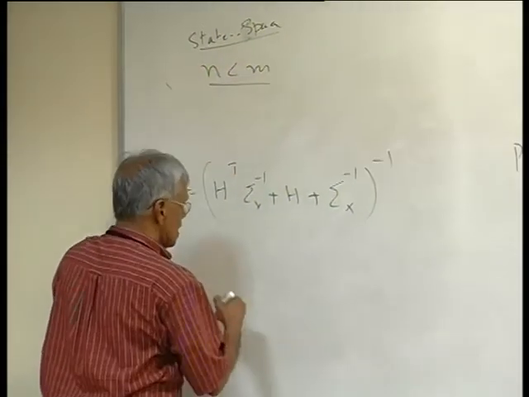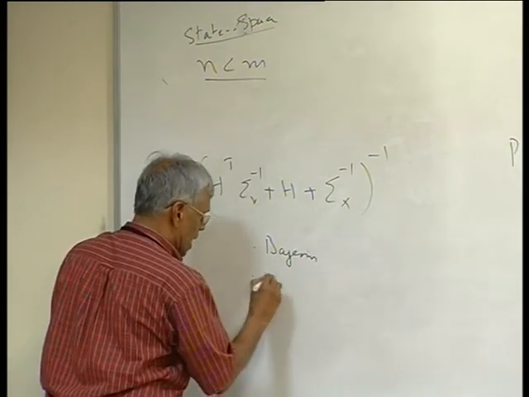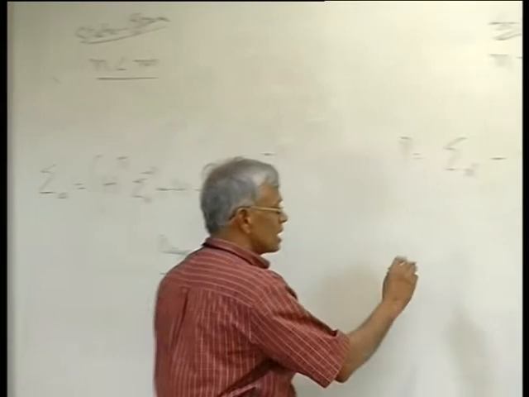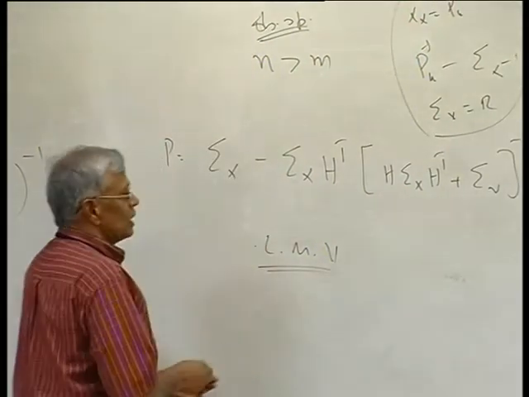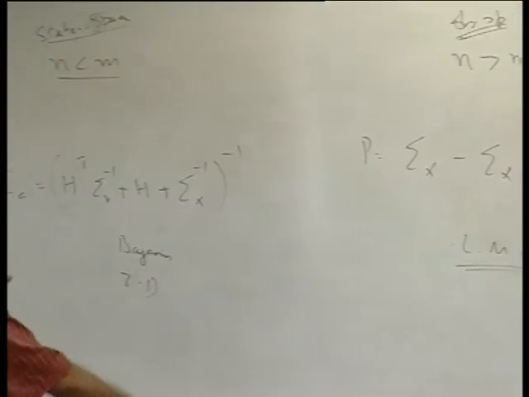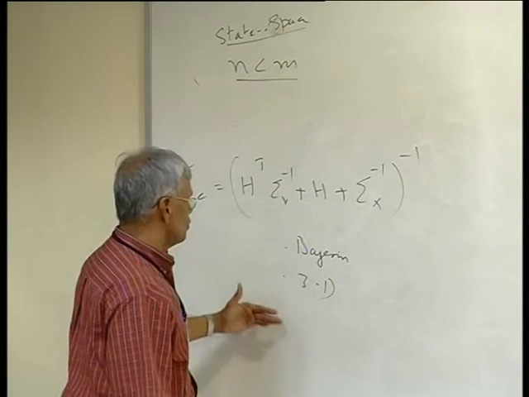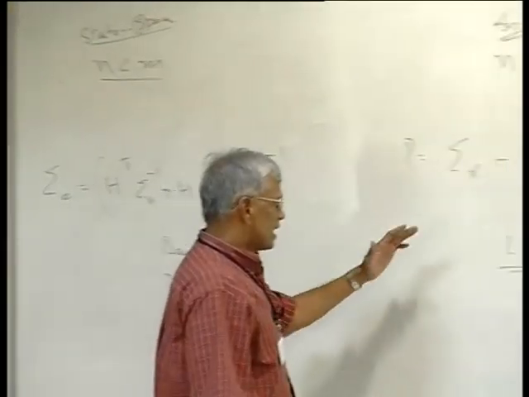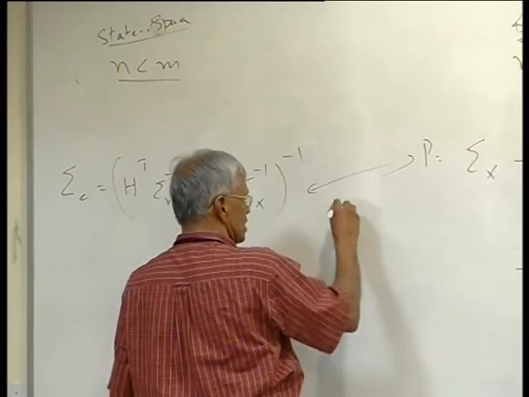This comes from the Bayesian 3D VAR setup. This comes from linear minimum variance estimation. So there is a nice duality between the two. In other words, for every way of estimating using Bayesian or 3D VAR, there is a corresponding version. And how do you build a bridge between the two? Matrix inversion.